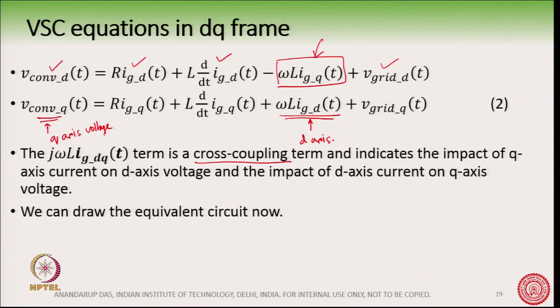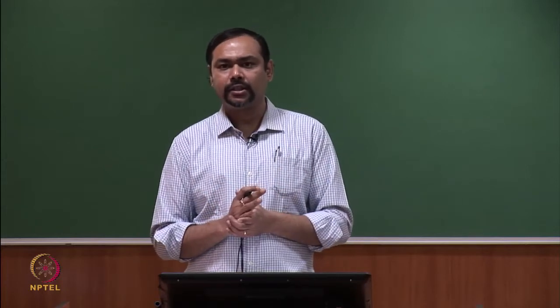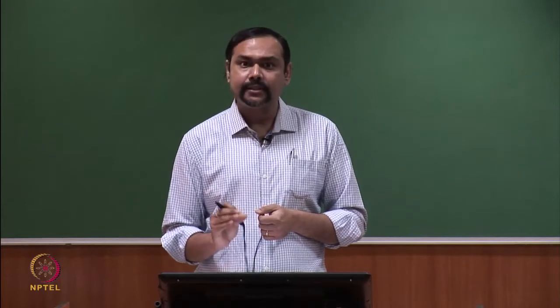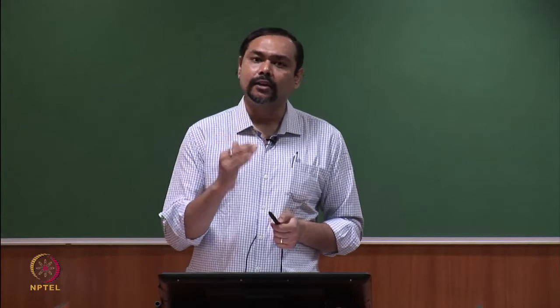The VSC itself behaves like that. Inherently the VSC has this cross coupling factor inside the model, or inside the dynamics of the converter. So this effect must be compensated in the controller.